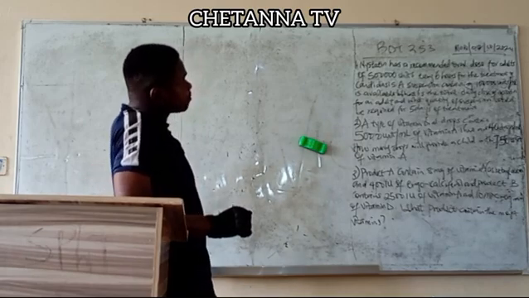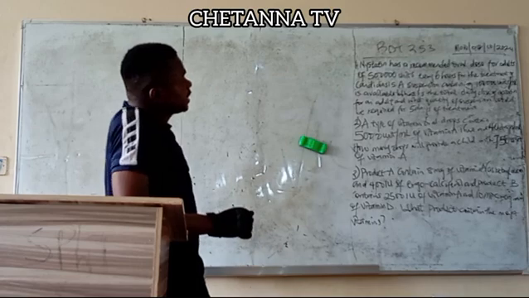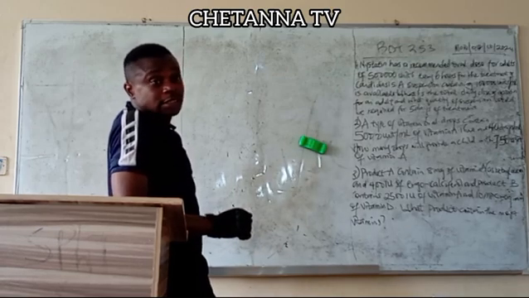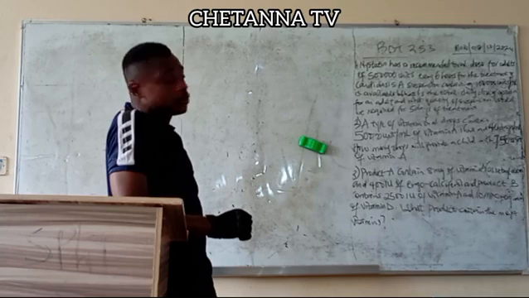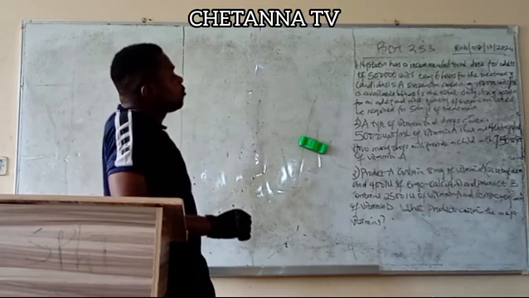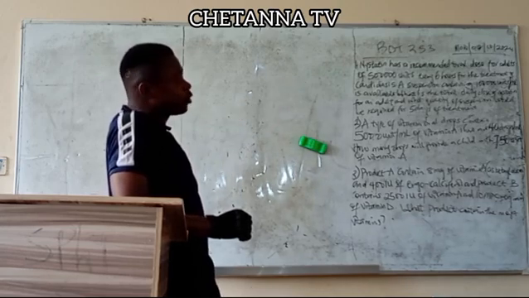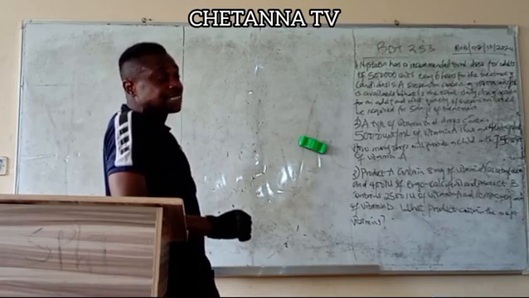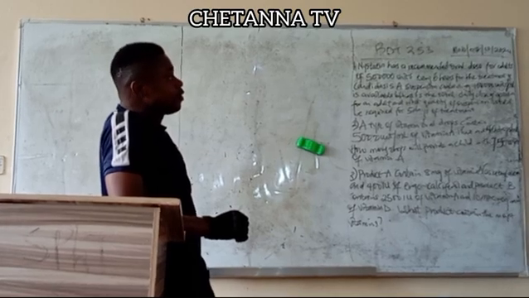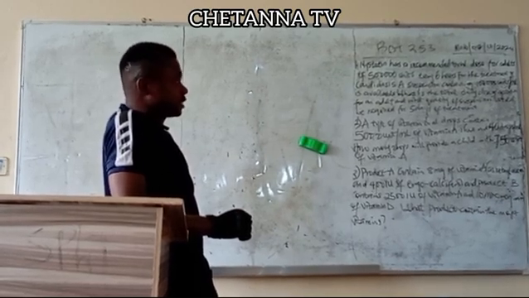Question 1 says, what class of drug does nystatin belong to? Nystatin has a recommended oral dose for adults of 500,000 units every 6 hours for the treatment of candidiasis.